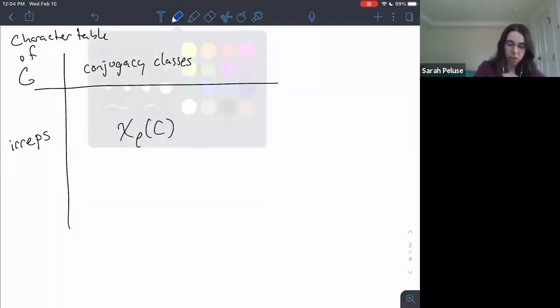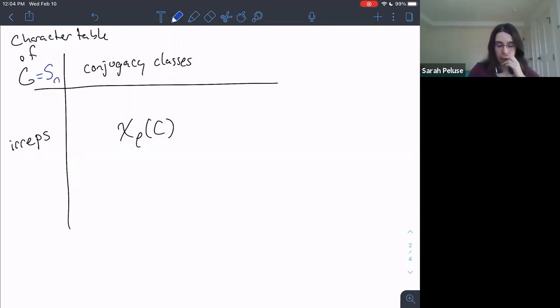In the specific case that we care about in this talk, where G is the symmetric group on n letters, the conjugacy classes are in one-to-one correspondence with partitions of n. It's probably not necessary for me to define partitions for this audience, but I will anyway: partitions of n, meaning decreasing sequences of positive integers that sum to n.